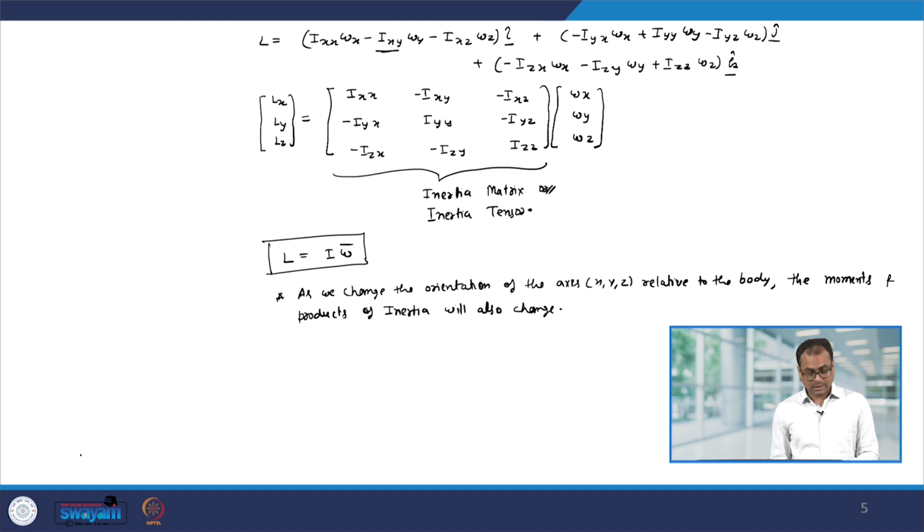And we have also discussed that you will always find a unique orientation of the body, or of the small x y z axis, for which the product of inertia will vanish, and this is called the principal axis.